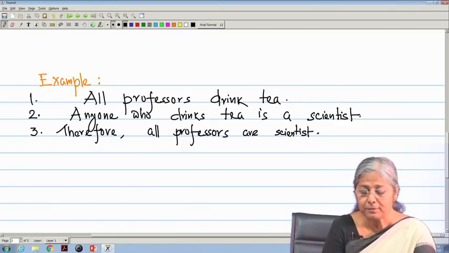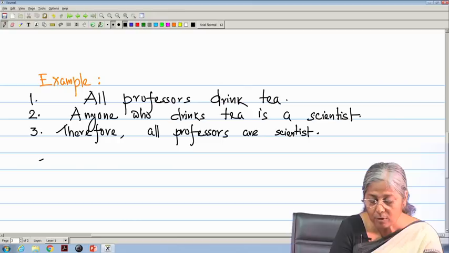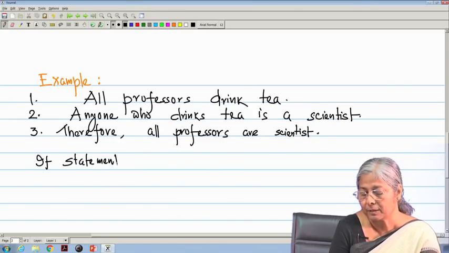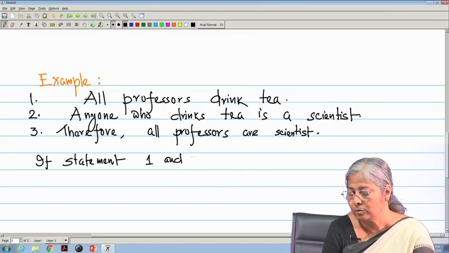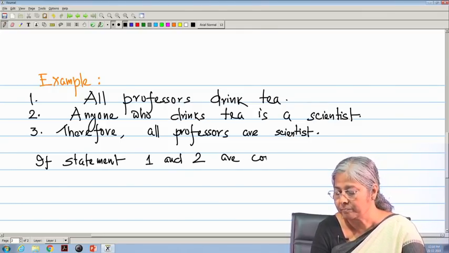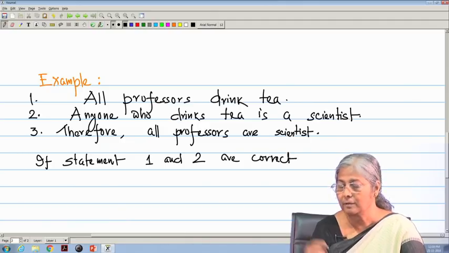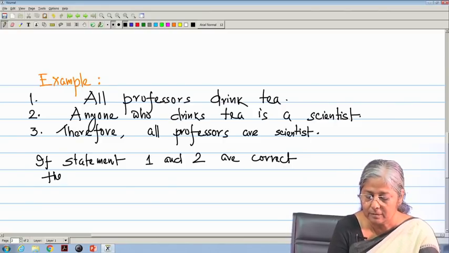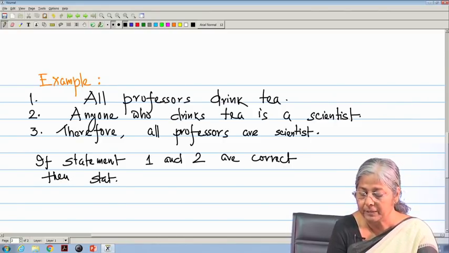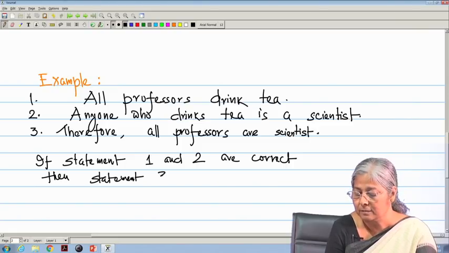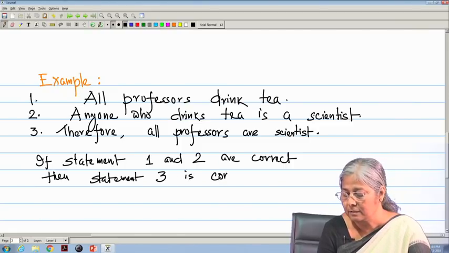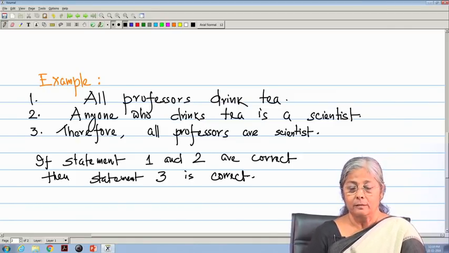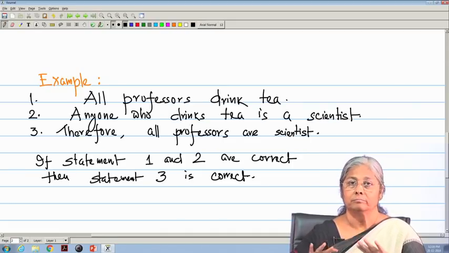But if statements 1 and 2 are correct, then statement 3 is correct. This is what we mean by logic.